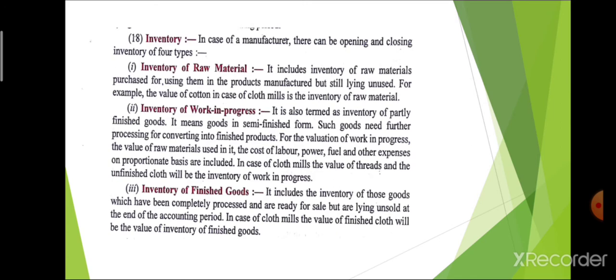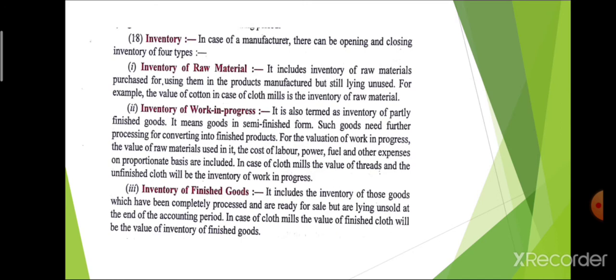The chair is prepared, but till now that chair is not polished. It means that some work remains on that chair. So that is considered as inventory of work in progress or semi-finished goods, meaning the goods are not ready for sale in the market.